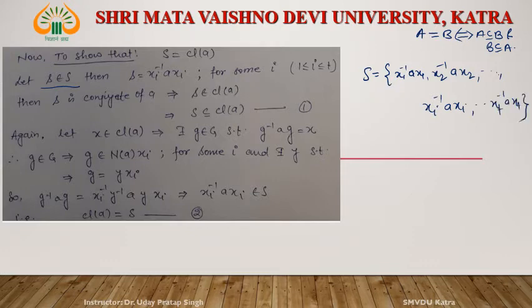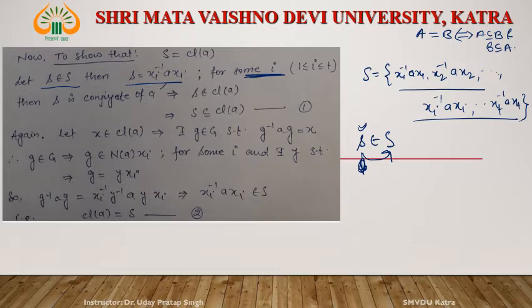This is S, and small s is an element of capital S. If small s is an element of capital S, then s must be equal to any one of these elements, say s is equal to xi inverse a xi for some i. It may be equal to x1 inverse a x1 or to x2 inverse a x2, meaning for some i, s is of this type.